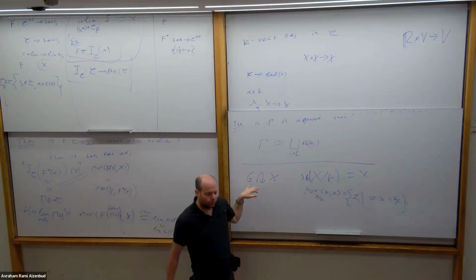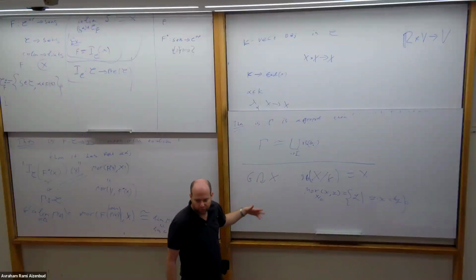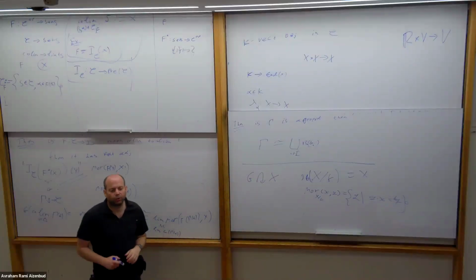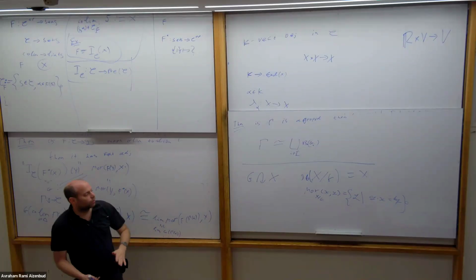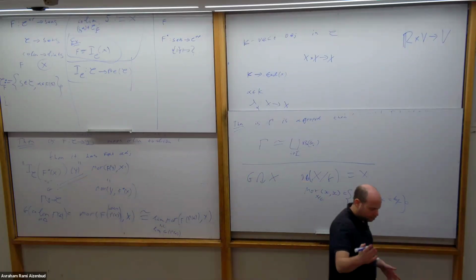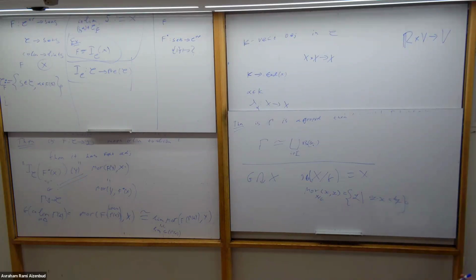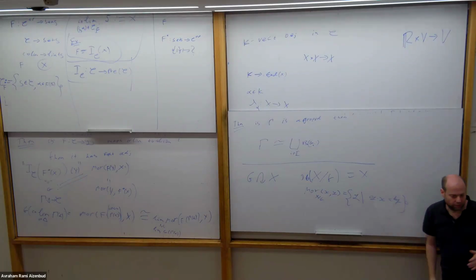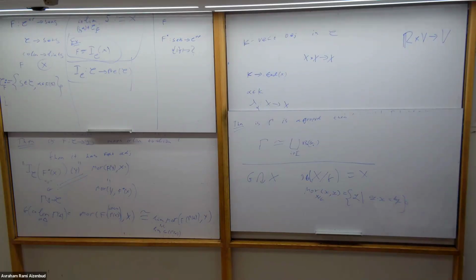You care about this groupoid, or if you have some geometry, this stack or whatever geometric version of groupoid you're working with. It means that you can replace X by some other space Y, and G by some other group H, as long as the groupoids are equivalent, and the question that you study will have the same answer.